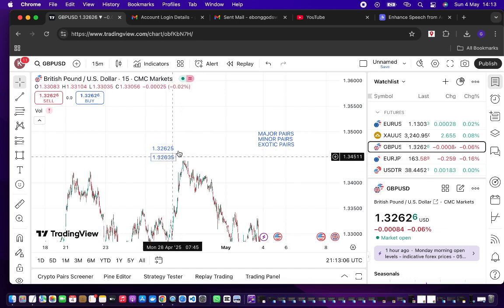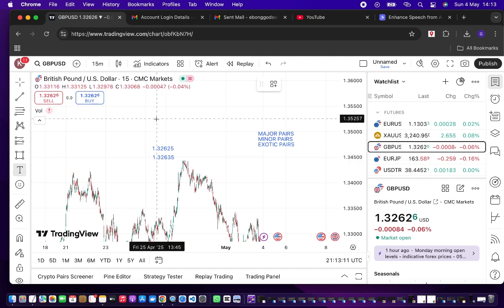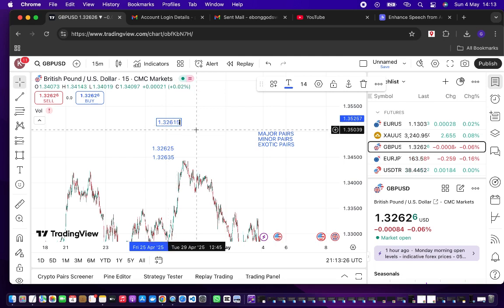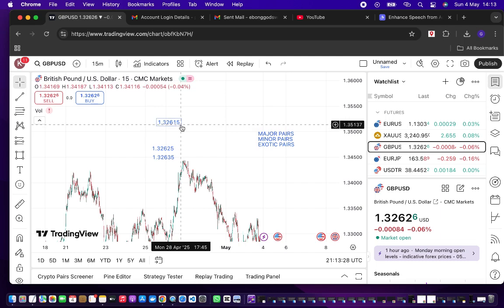So let's say GBP/USD changes from 1.32625 to 1.32615. Now we can clearly see that there's a decrease in the market value of GBP/USD, and this is a 1 pip decrease because the actual market value was 1.32625.